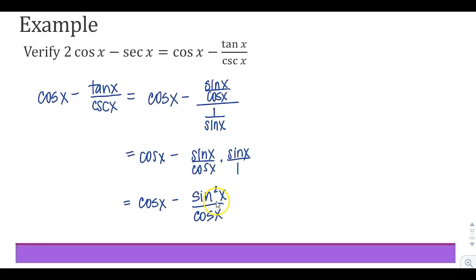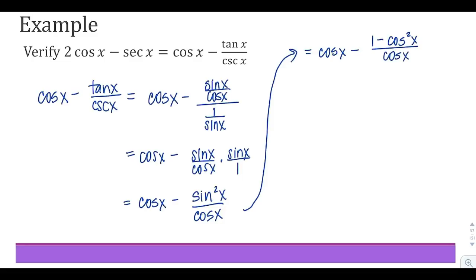Alright, so now I can rewrite sine squared x using the Pythagorean identity. So I'm going to go ahead and bring this up here. So this is equal to cosine x minus, on the top I have 1 minus cosine squared x over cosine x.